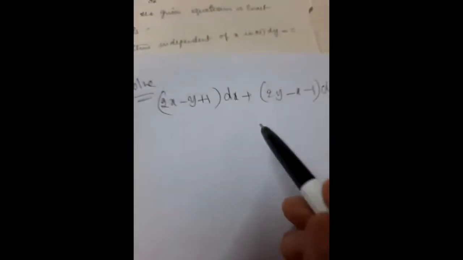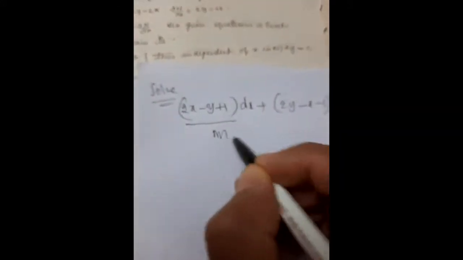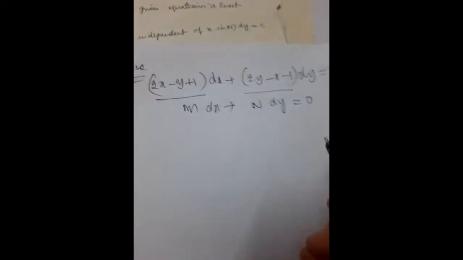Now in your examination, when a problem is given to you like this, solve the exact differential equation, first you have to identify. This is the form of M dx plus this is the form of N dy which equals 0. That is the first point you have to see.